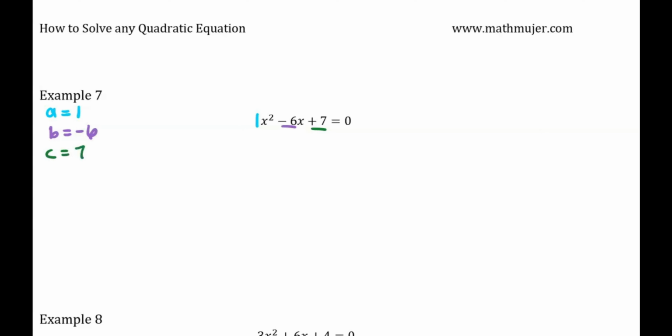So we have a, b, and c. Let's calculate b squared minus 4ac, the discriminant. So we have -6 squared minus 4 times 1 times 7. -6 squared is a positive 36. And from that we are subtracting 4 times 1 times 7, which is 28. And 36 minus 28 is 6.